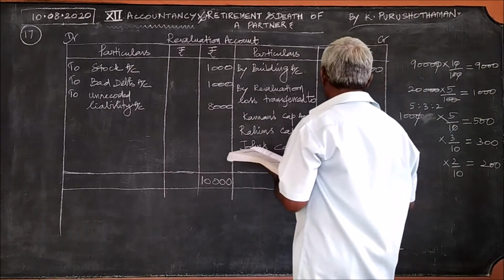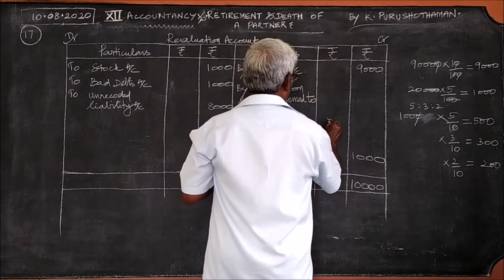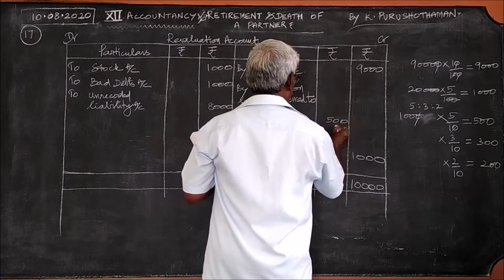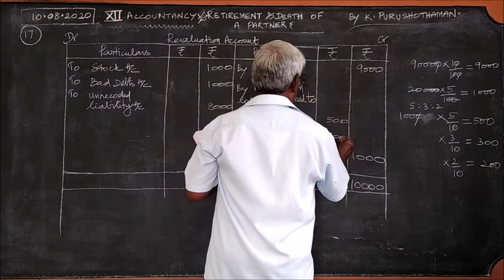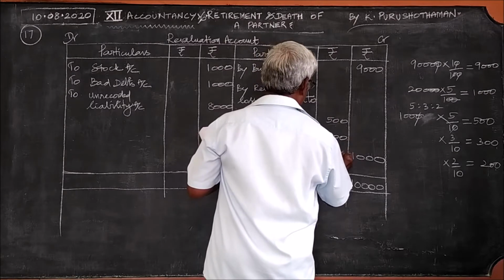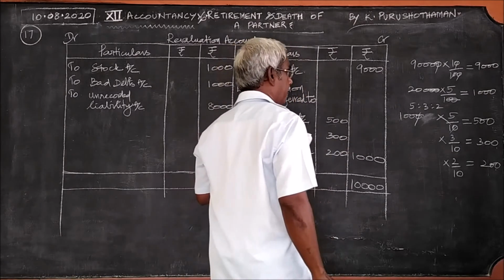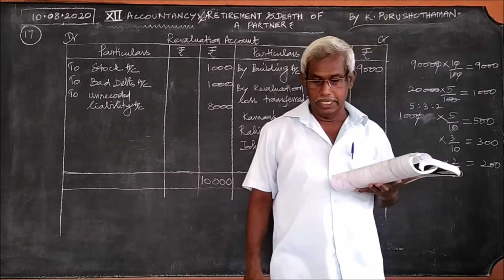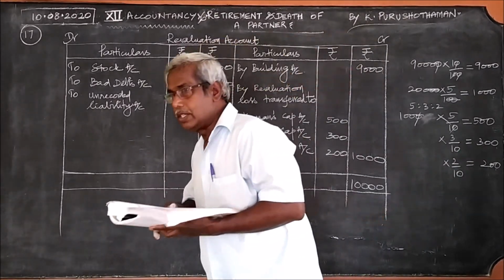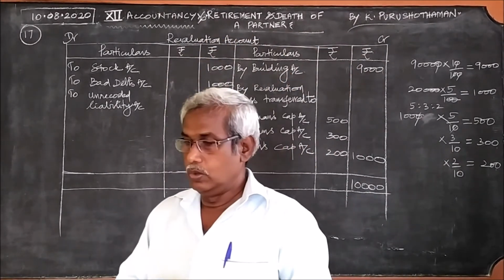These are all the amounts. Therefore, 500, 300, 200.